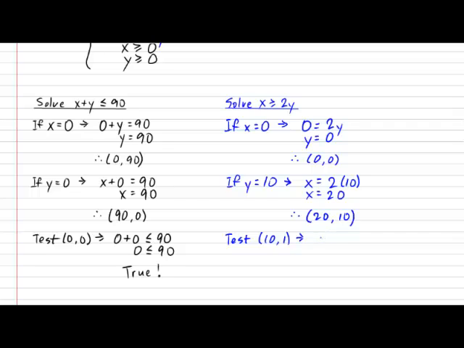So we have that 10 is bigger than or equal to 2 times 1. So 10 is bigger than or equal to 2, and that creates a true statement. Therefore, the shaded region for this inequality will be the region that contains our test point 10 and 1.